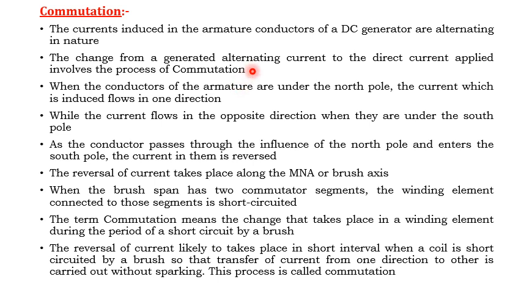The commutation. During the commutation process, when the armature conductor is under the north pole, the current flows in one direction. Similarly, for the armature conductor under the south pole, the current direction is reversed, so the current flows in the opposite direction.